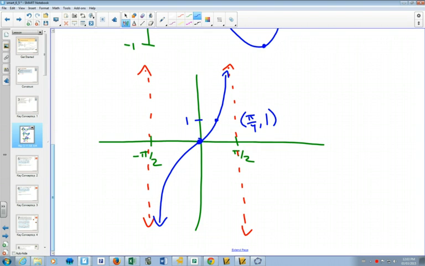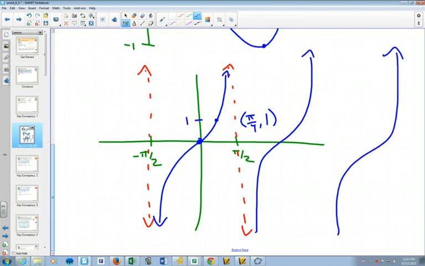Okay, it's not quite the same shape, but then it repeats itself over and over again with the next asymptote at 3 pi over 2. So those are the three main graphs, and then we're going to do transformations with all three of those. In particular, we're going to do them with sine and cos.